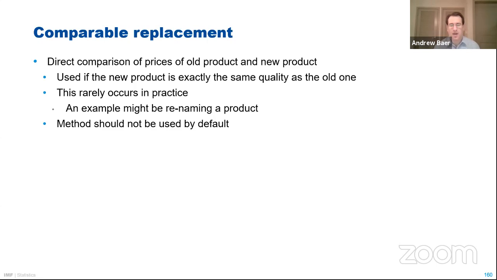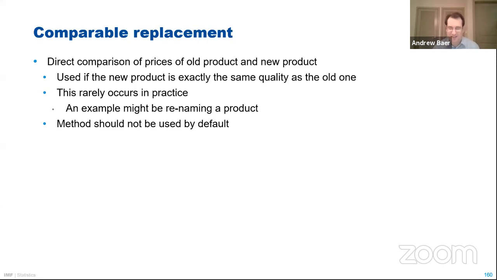Now, if a product changes, but there happens to be no improvement in quality, this can happen sometimes. With certain goods, maybe they just rename a product to try to improve the marketing of it. So that would be a change in the product, right? The name changed.